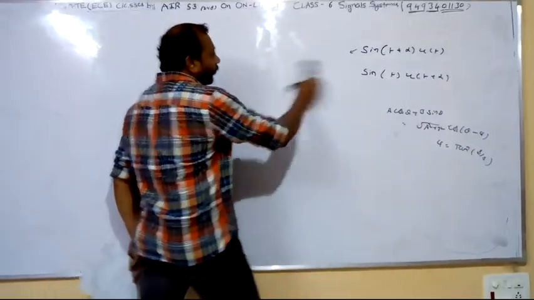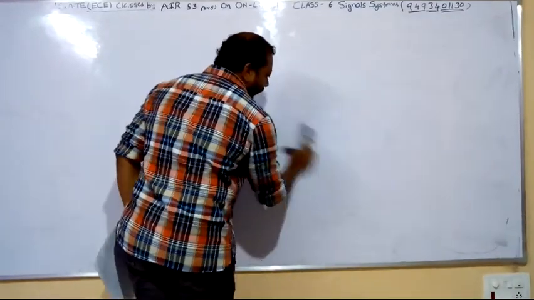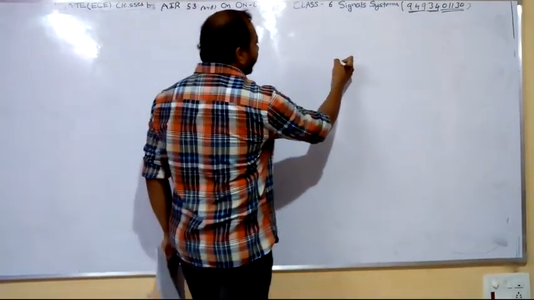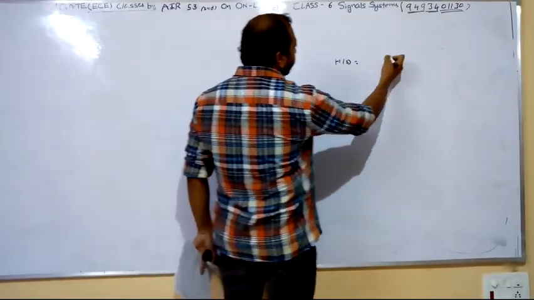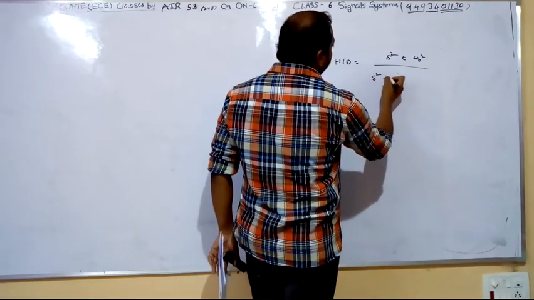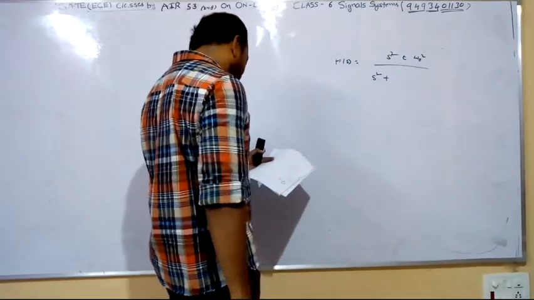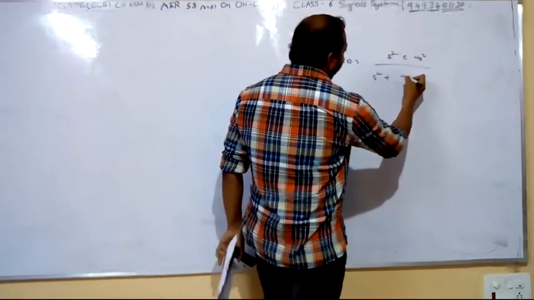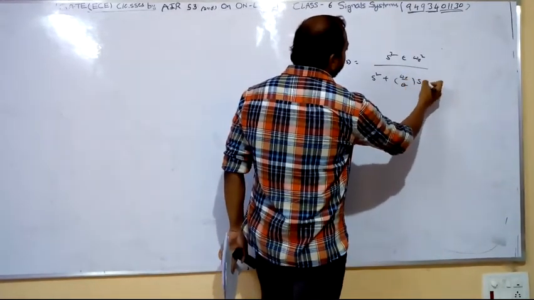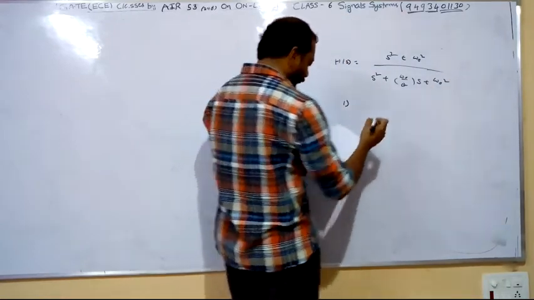H of s is equal to s square plus omega naught square divided by s square plus omega naught by q s plus omega naught square.